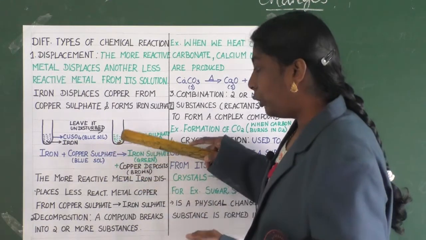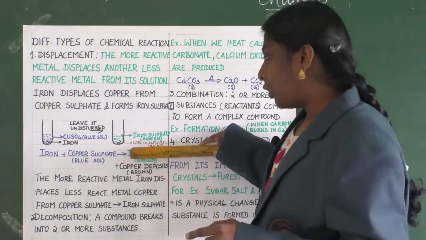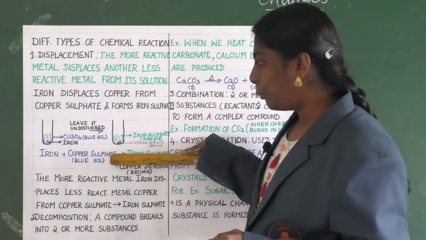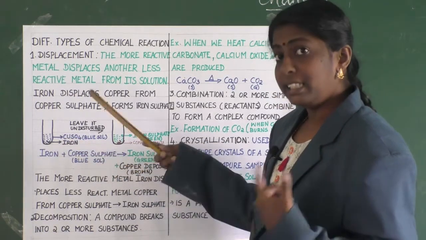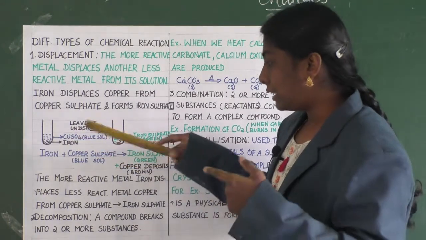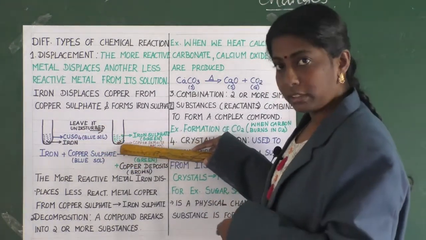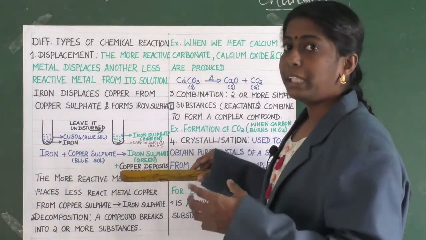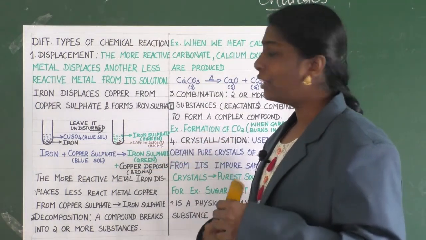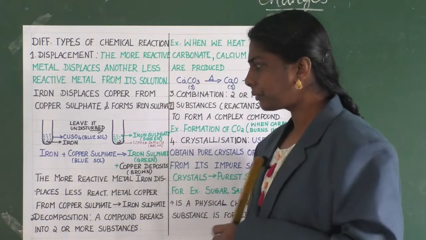Along with that, you can also observe copper deposit, that is brown color. From the nail, this copper which has been displaced will settle down at the bottom. That's what is meant by copper deposit, which will be in brown color. Clear? So what is happening in total?